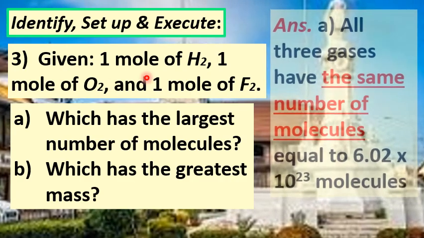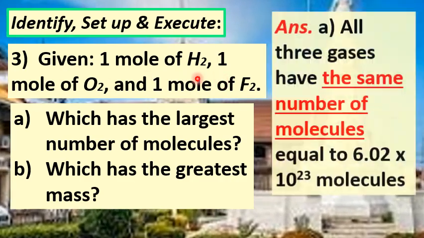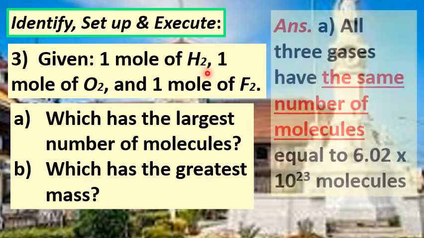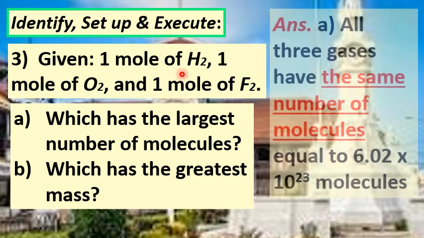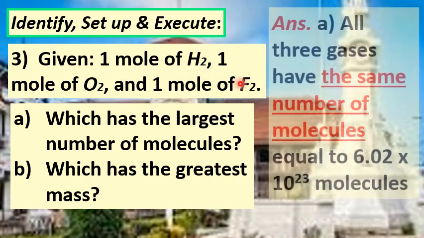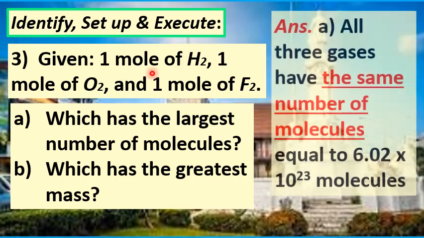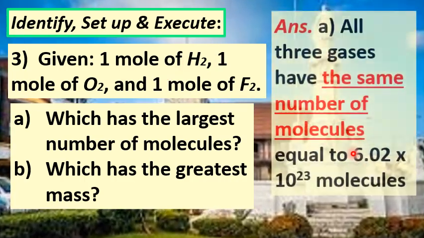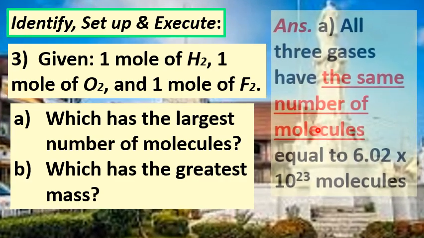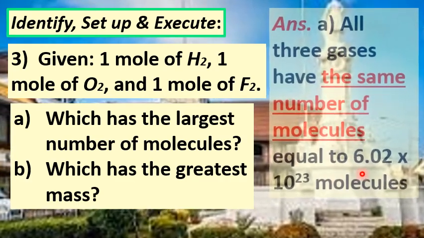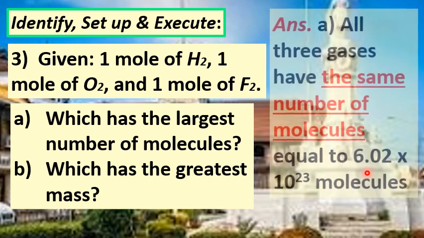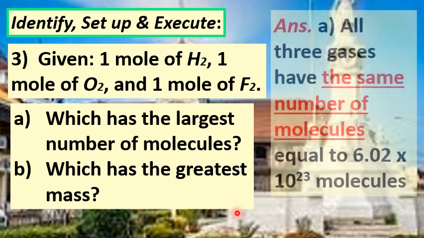Since all the three gases have the same number of moles, that is 1 mole of each of these three gases, it simply means that each one of them has the same number of molecules, exactly equal to the Avogadro's number.